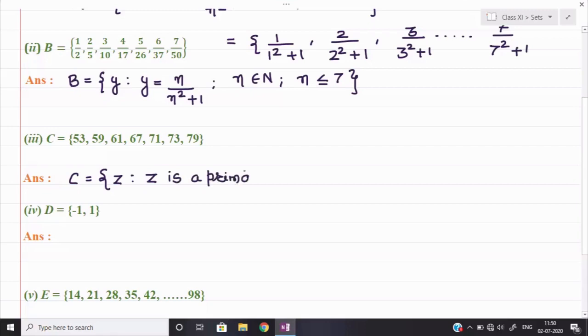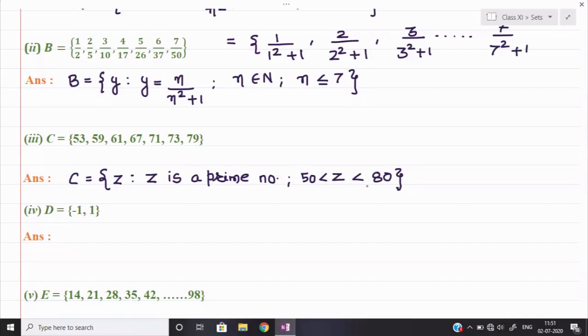And the value of z will be more than 50 and less than 80. More than 50 means I don't mind if you take from 51, but remember it should be a prime number also. So if you go more than 50, the first number you will get is 53 only, and if you go below 80, the last number will be 79.